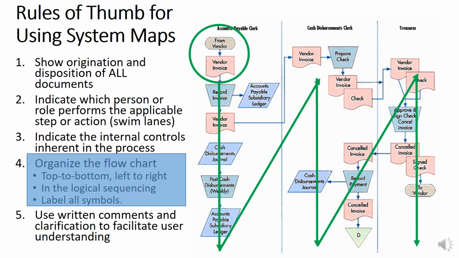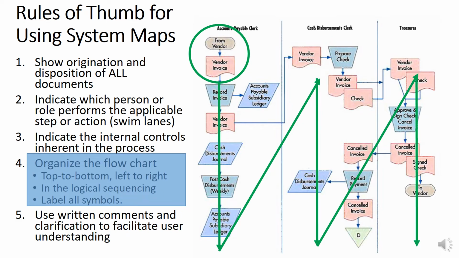If you can't figure out what to label the symbol, you probably don't need it in the process. One symbol I would like to point out is the green triangle with the letter D. This indicates that the canceled invoice is filed somewhere. The narrative would tell us where file D is.